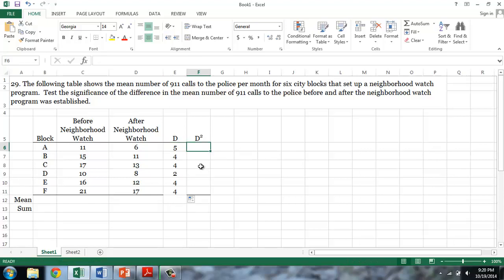Then, to calculate D squared, I simply type in the equal sign, select the D quantity, caret 2 to square that value. And again, I can copy that into the adjacent cells.